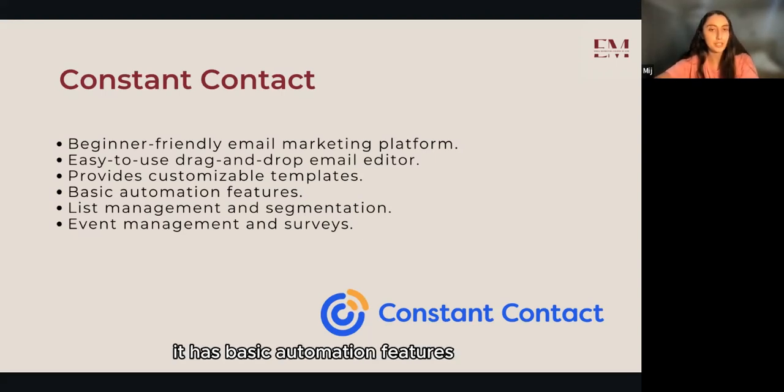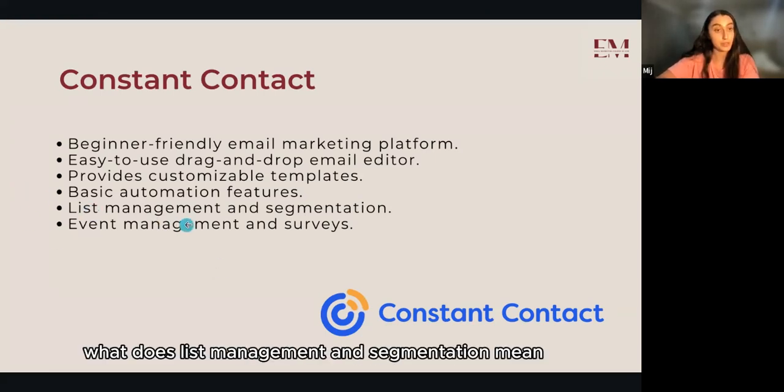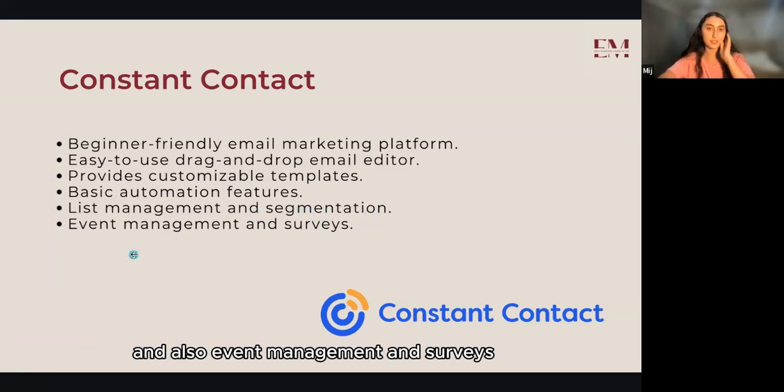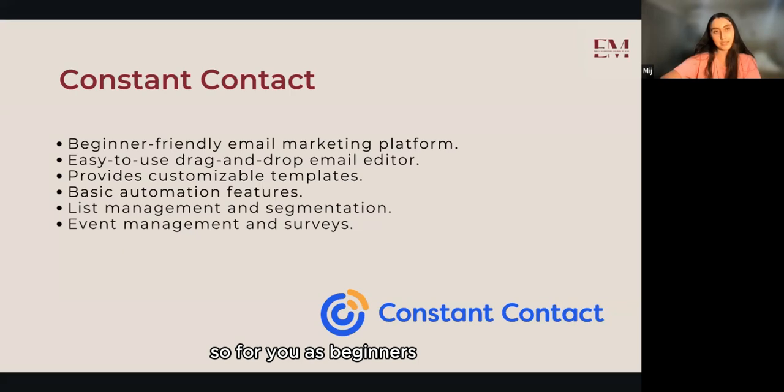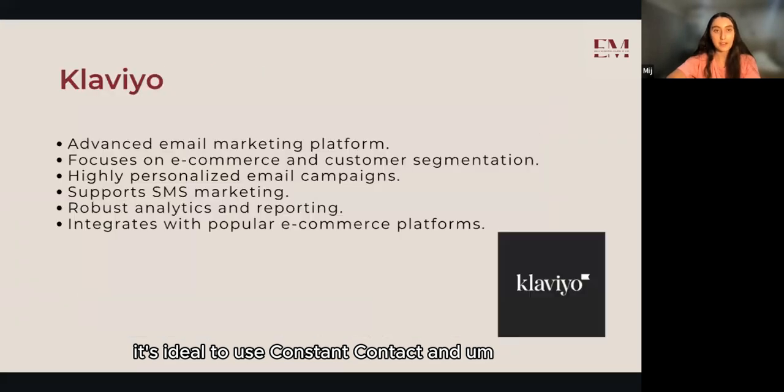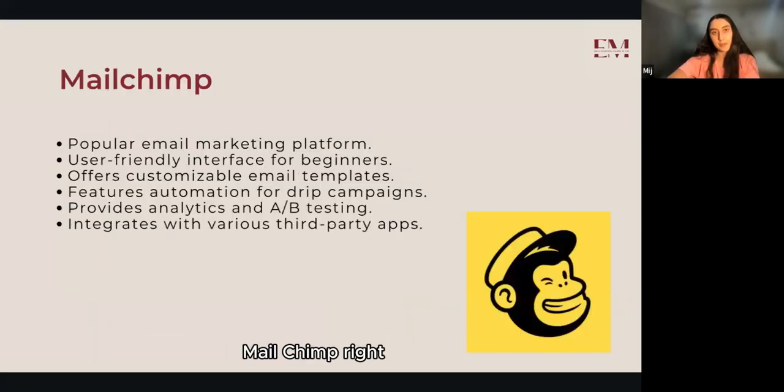It has basic automation features, list management and segmentation. I will explain what list management and segmentation mean, and also event management and surveys. So for you as beginners, it's ideal to use Constant Contact and MailChimp, right?